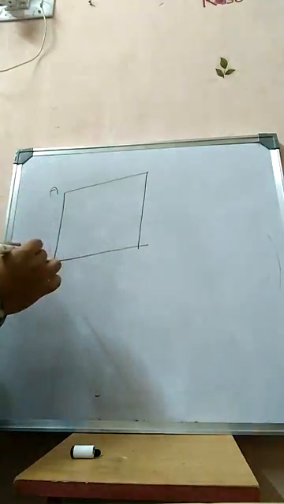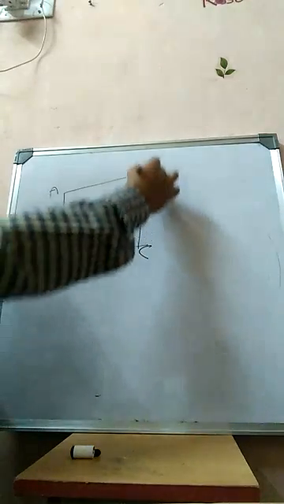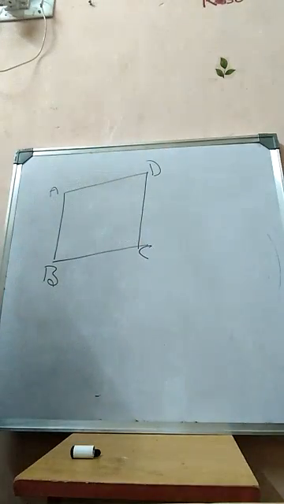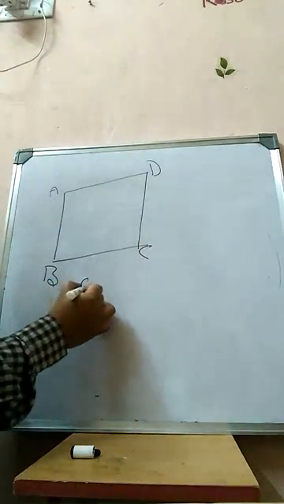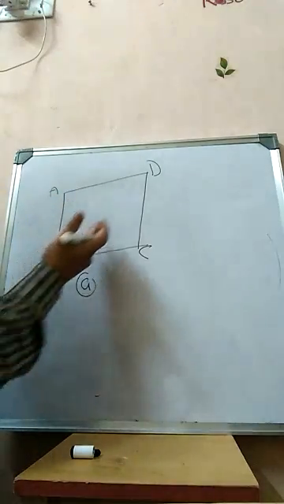It is marked as A, B, C, D, so clearly it is a quadrilateral. The second question in 11.4: look at the given polygon and answer the following questions. The first question is, how many sides are there in this polygon? 4 sides.